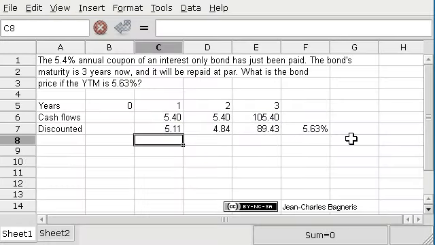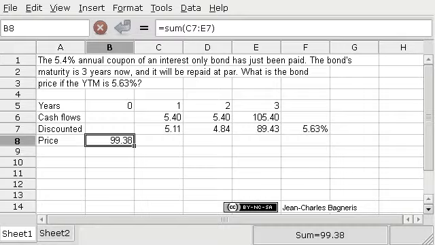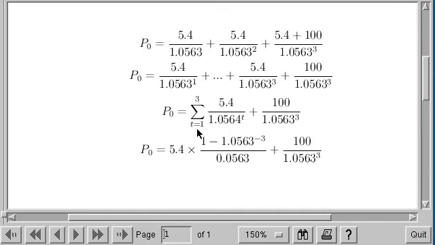Okay, and then I just have to add all the discounted cash flows. And then the price is 99.38. And finally, let's try to find the price with the direct formula. This last one here we had. Okay, so we do this calculation now in order to see that we find the same price.